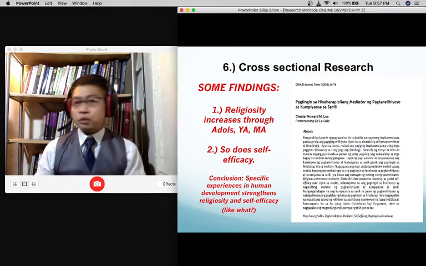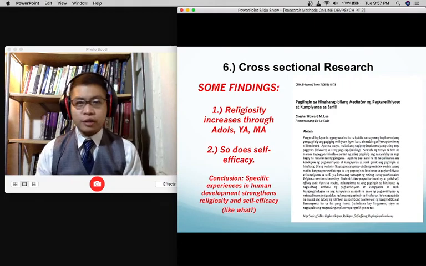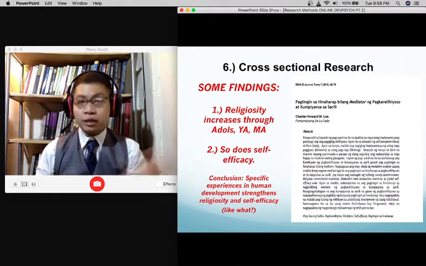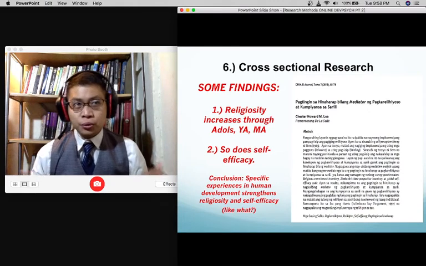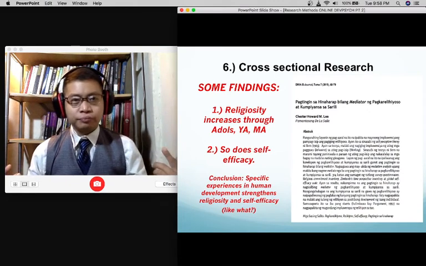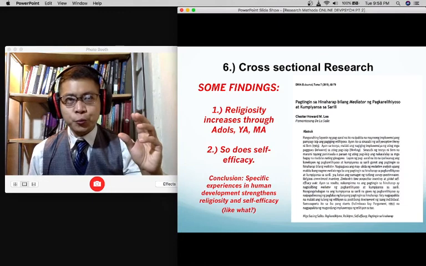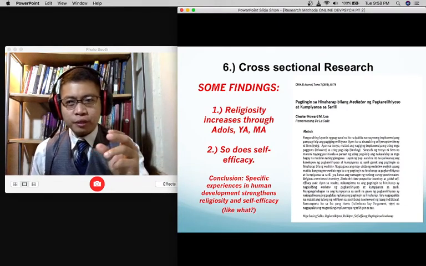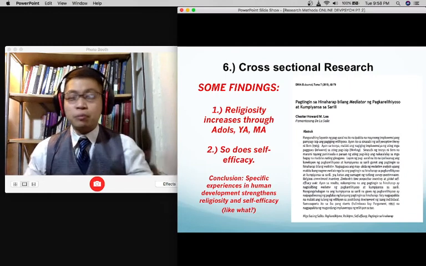Diba? Kasi nga, yung pattern ko, for self-efficacy and religiosity, it increases as one ages, at least cross-sectionally. So, there might be certain forces within development na nagpapataas ng religiosity at ng self-efficacy as people age.